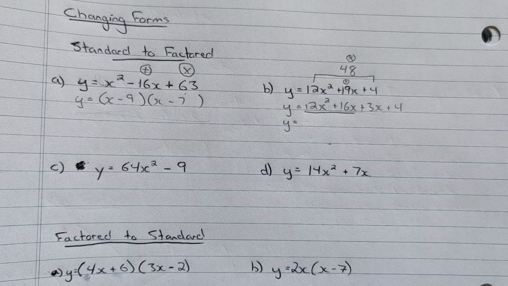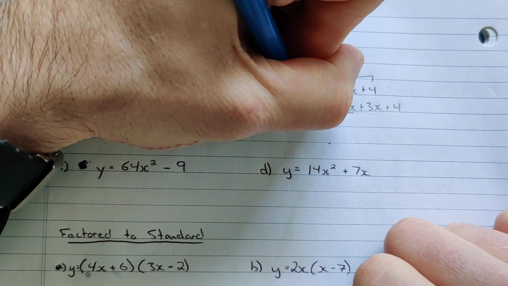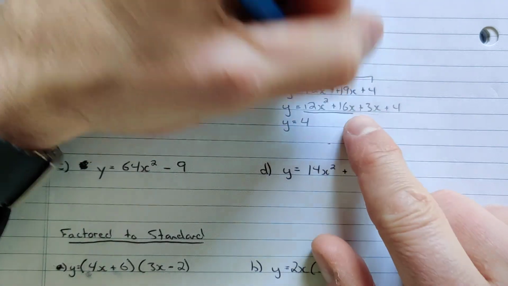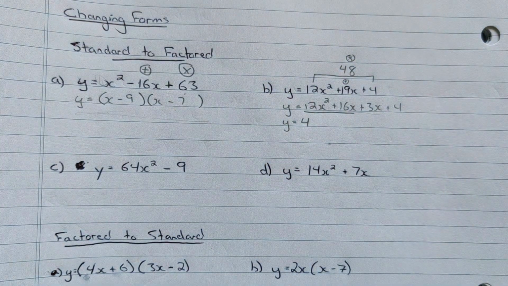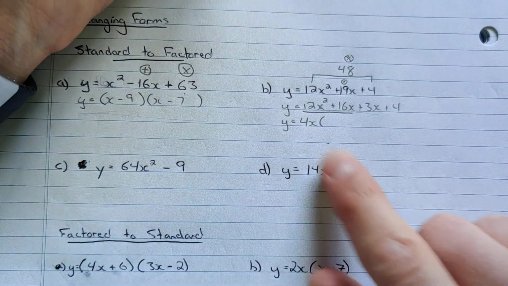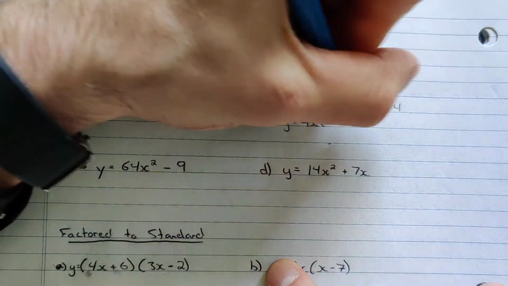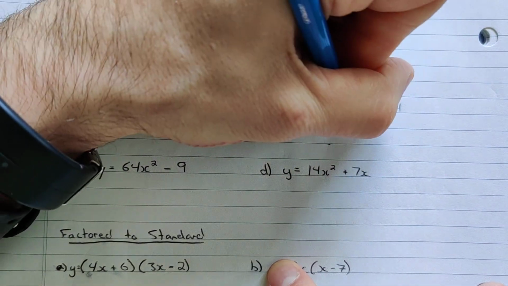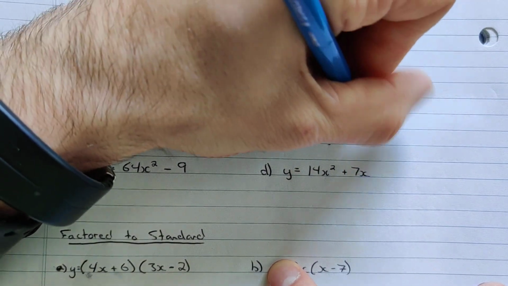We group the first two terms together and factor them. 12x squared and 16x both have a common factor of 4, since 4 goes into both 12 and 16. And the x squared and x both have a common factor of x. When I divide that out from the first two only, I'm left with 3x plus 4.